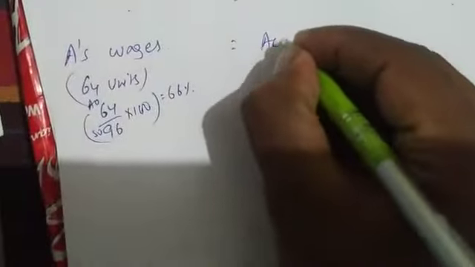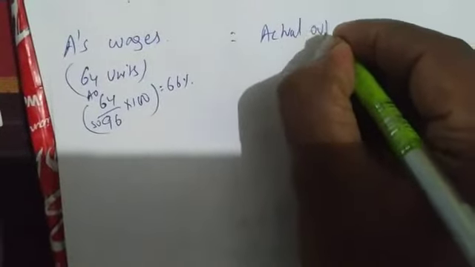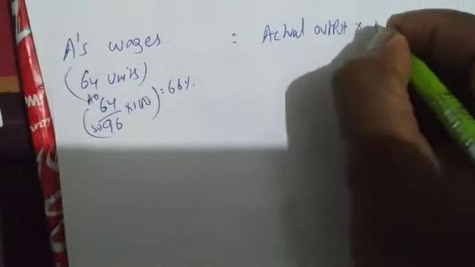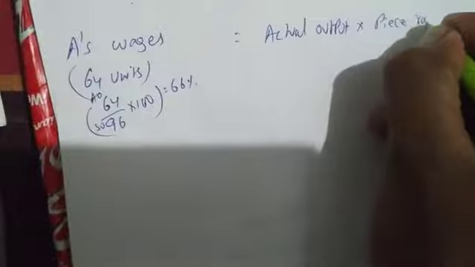So A's wages equal actual output into piece rate. Actual output is how much?